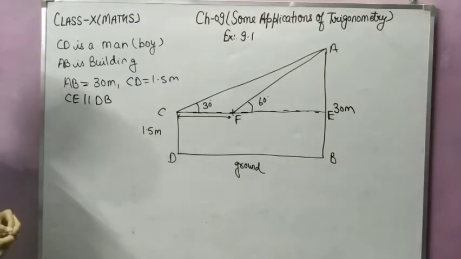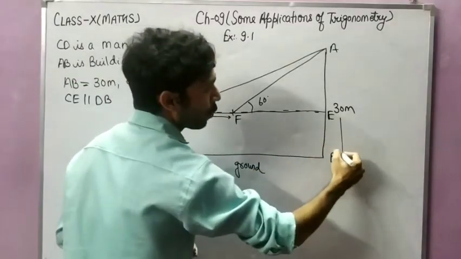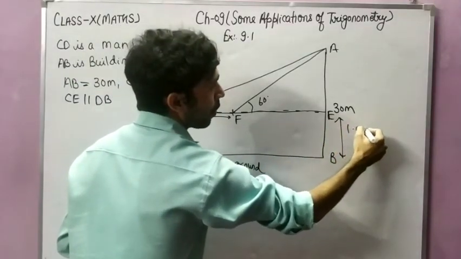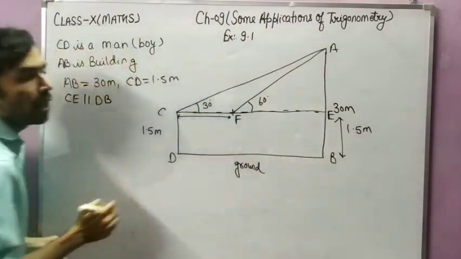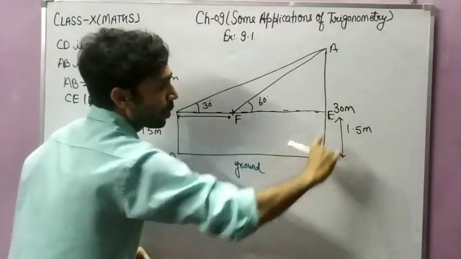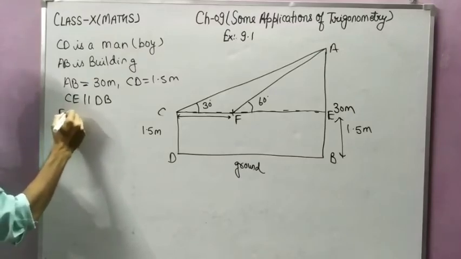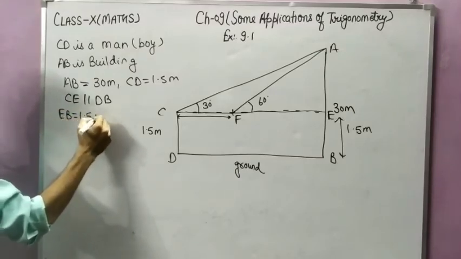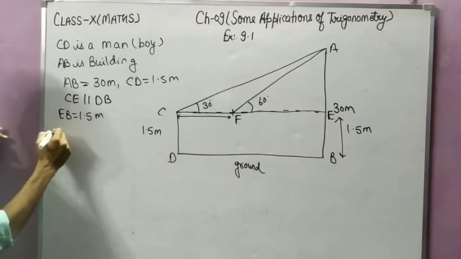Okay, now student, if CD is 1.5, then EB will also be 1.5, by the help of parallelogram property, because CEBD will be a parallelogram. So we can say EB is equal to 1.5 meter. Okay, and if EB is 1.5 meter, what will be the value of AE?